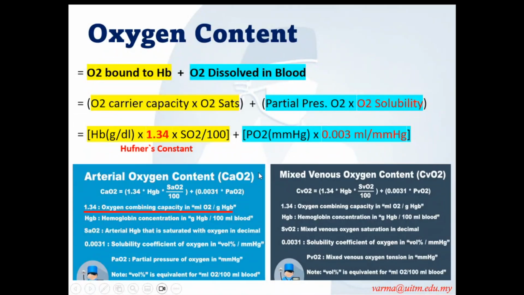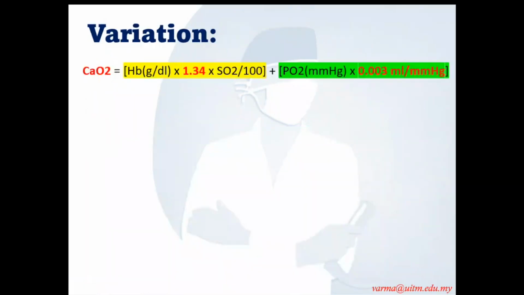This is the commonly mentioned equation in most books. But some books, online websites or notes may use a few other numbers, just for your information, so you don't get confused. I'm going to talk about that as well. So what are the variations? This is the most commonly used equation. The numbers that usually vary are Hüfner's constant and the solubility coefficient.